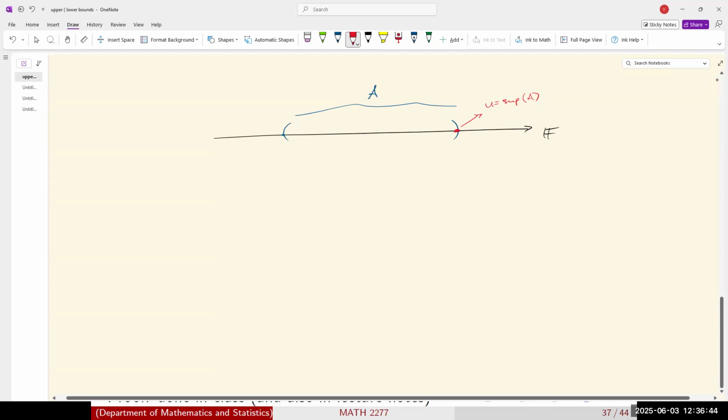Okay, all that is saying is that U is the supremum means U is an upper bound for A. So from the diagram, that's easy to see. U is an upper bound for A because U is bigger than all other elements in A, right? All other elements in A are inside here. So U is bigger than all these elements.